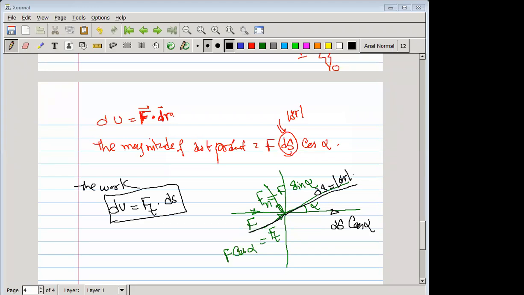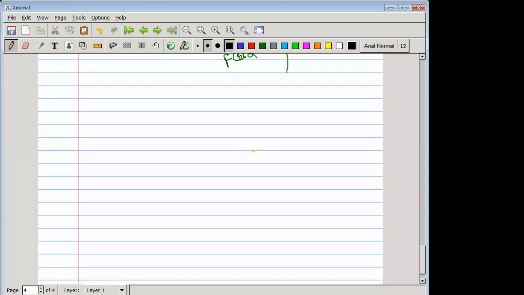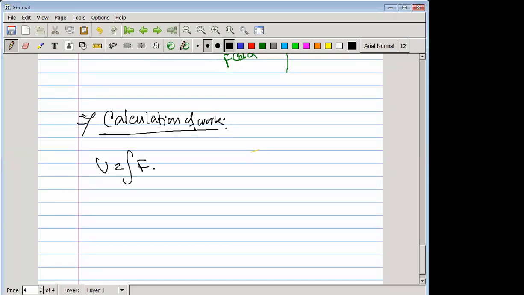So now how to calculate this work done? See, during a finite movement, let's write this one. Calculation of work. U is the total work. U is the integration of all forces which acted, and due to that the amount of displacement which occurs of that particle.